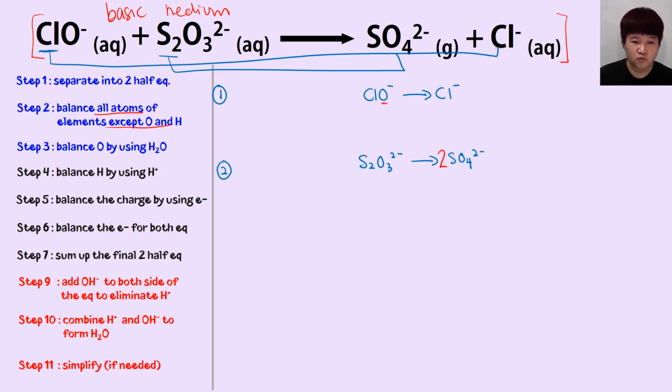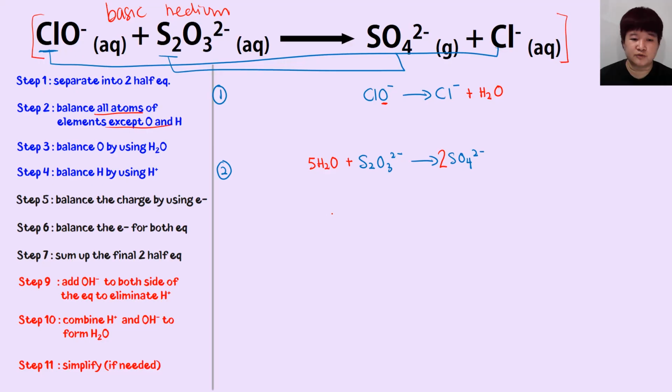So oxygen 1 on the reactant, so I add in 1 H2O on the product. Second equation, 3 oxygen and 8 oxygen. So 3 oxygen and also 8 oxygen. How many oxygen is not enough? 5. So we add in 5 H2O.